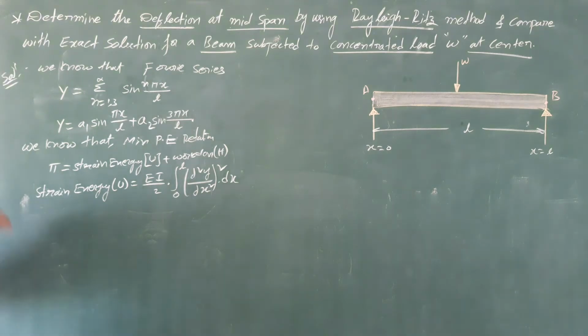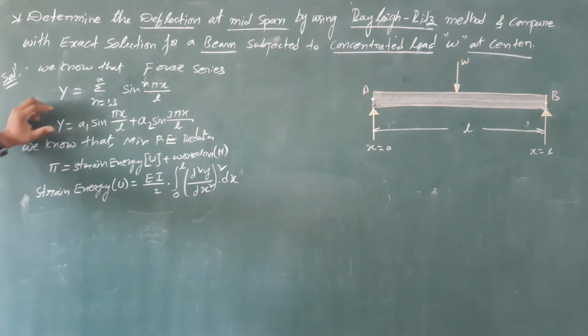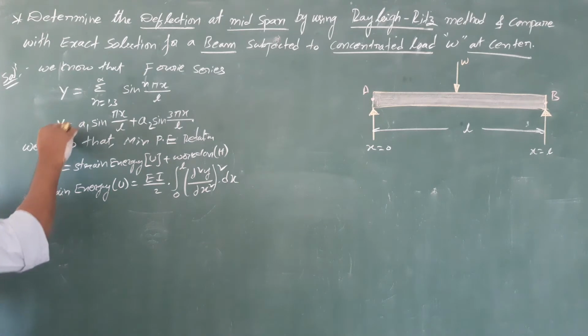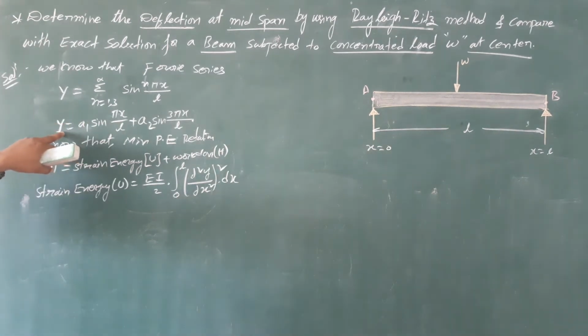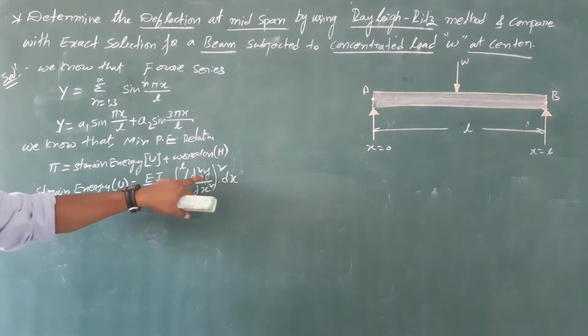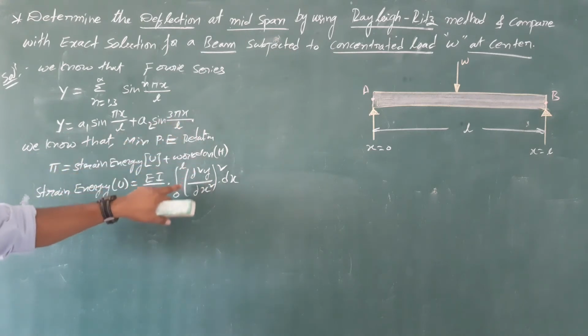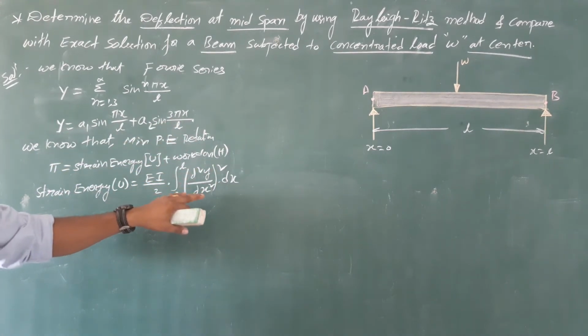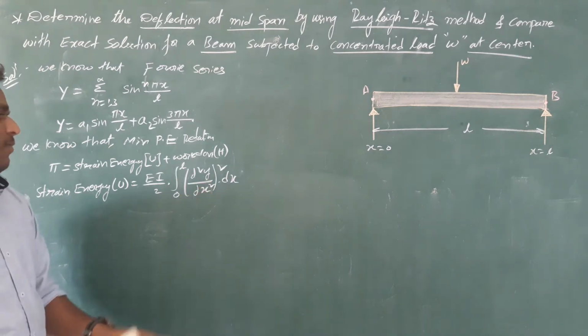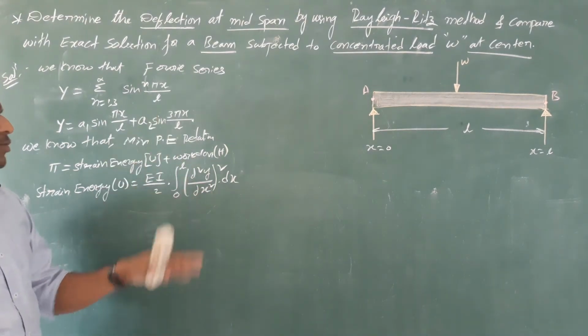Here we know the value of y. So differentiate this entire equation twice, and we will get d square y by d x square. After differentiation, we substitute here.